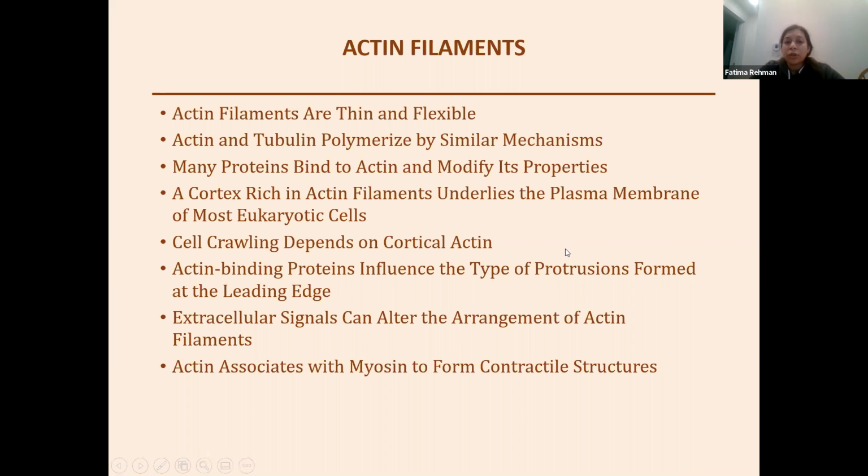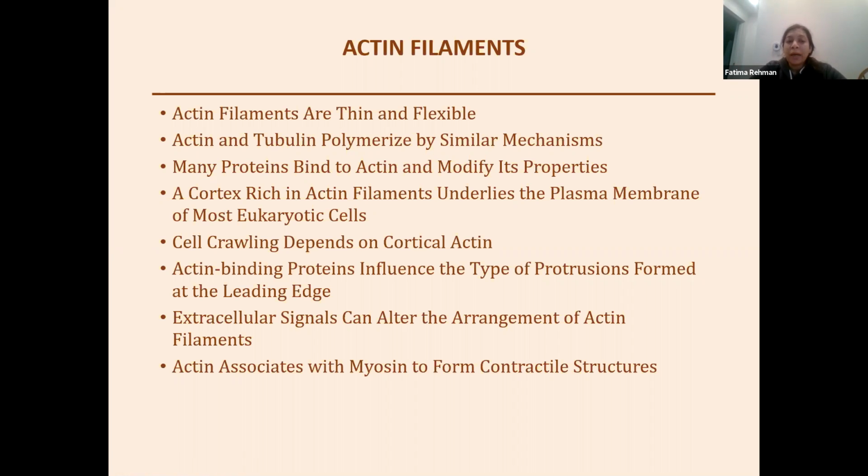The biggest structure of actin that we look at that is constantly responding to stimuli from outside is the cortex, which is extremely rich in actin filaments and creates the scaffolding of the cell. And it helps not only the cell maintain its structure, but also respond to environmental stimuli by helping it move in response to it.